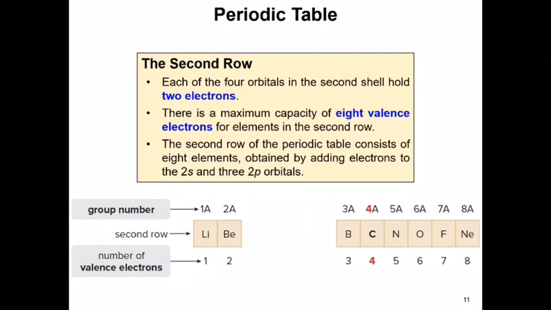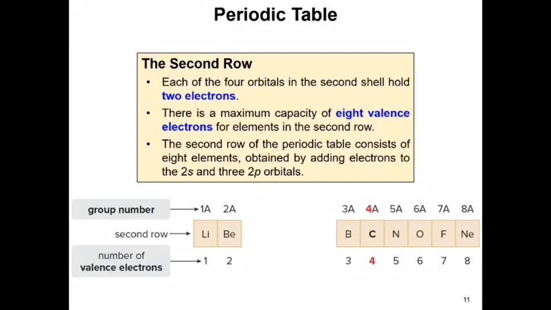All of the second row orbitals, as well as the D and F orbitals, can hold a maximum of 2 electrons. The first and second row elements can hold a maximum of 8 valence electrons, coming from the outermost S and P subshells. 2 electrons in the S subshell and 6 electrons in the P subshell, for a total of 8.